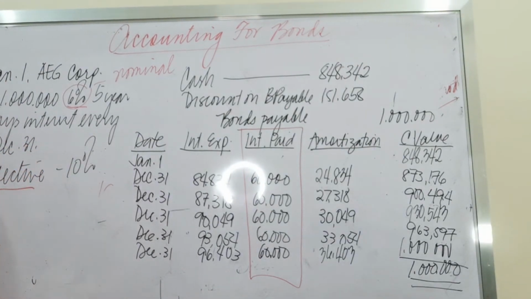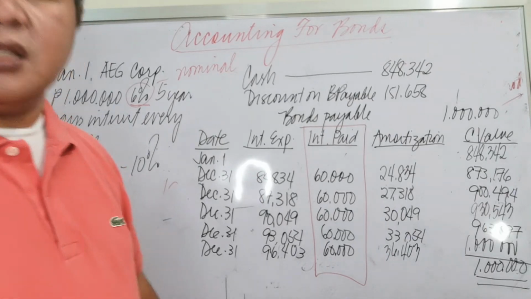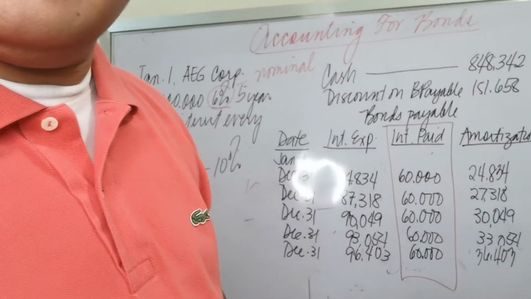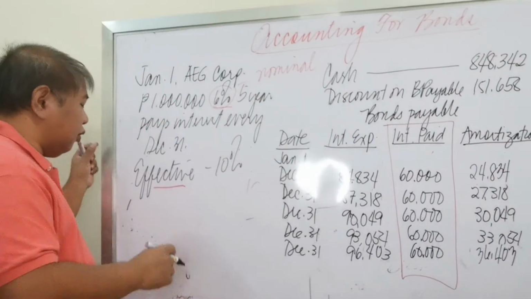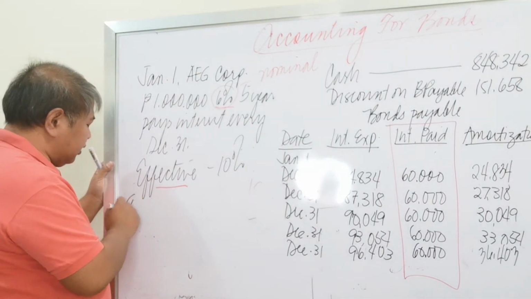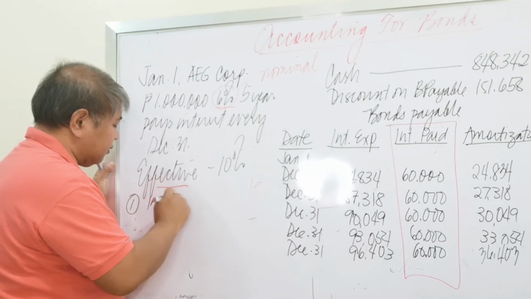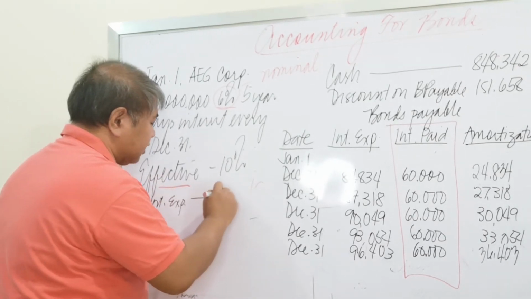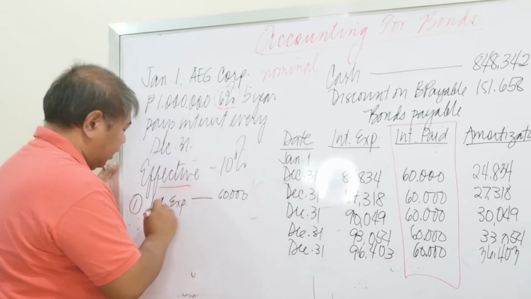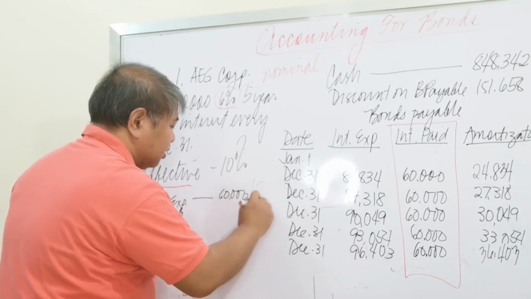So therefore, let us adjust this one. On December 31, what are we going to do? First, do the entry for the payment of the interest. Debit interest expense for how much? 60,000. And credit cash for 60,000 pesos.